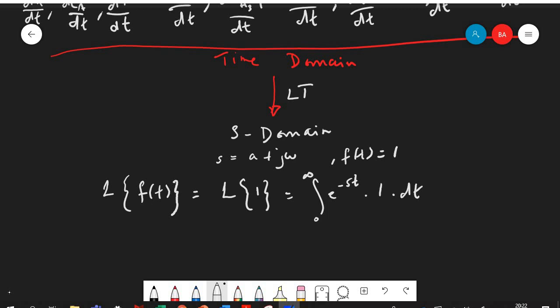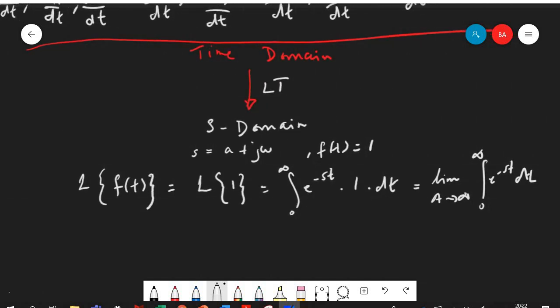So we are multiplying with an exponential term, and this is where you're trying to take it to a new dimension, and taking the limit with that dimension for e to the power minus st dt, and after solving that problem, we obtain this equation here.